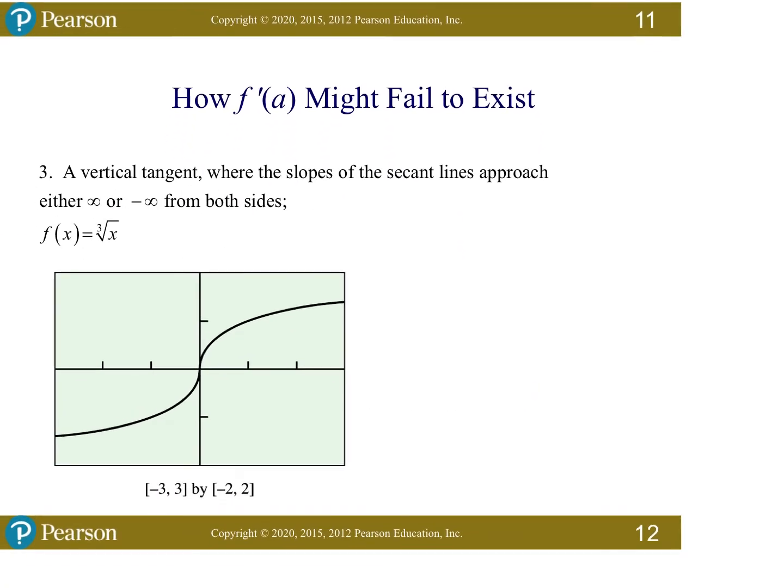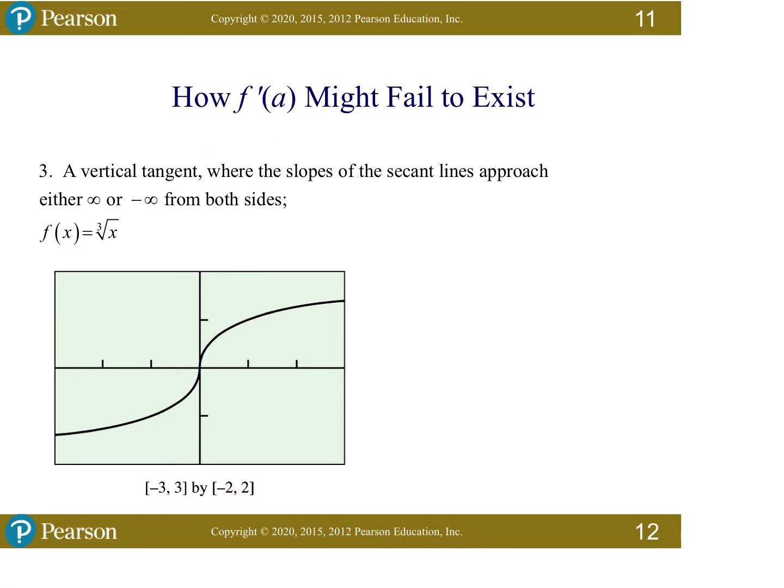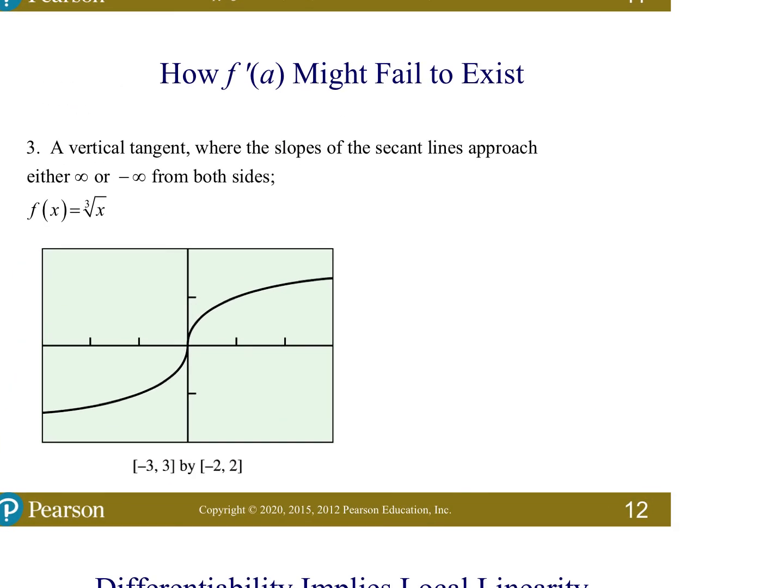All right, here's another one. Okay, so I already told you about this one. Here's the cube root here. Again, we can prove the continuity pretty easily because the left and the right-hand limits are all 0.